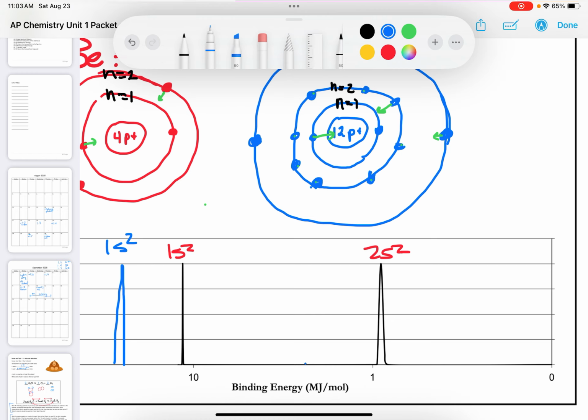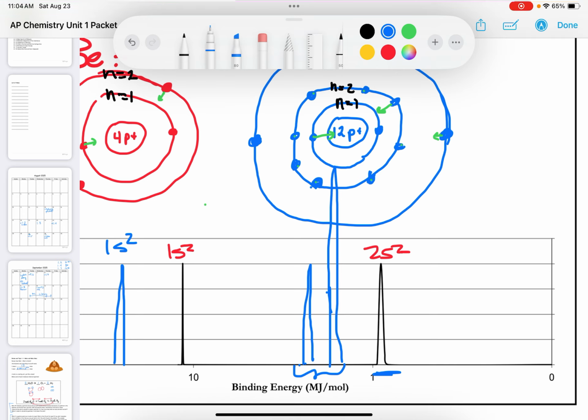We got a 2s2 and then a 2p6, which is just going to be huge. Sorry, we're like going off the screen because it's got to be 3 times the size of that first, and even that's not right. Like it should be taller than that. But notice how this second energy level is a greater binding energy than hydrogen's second energy level.